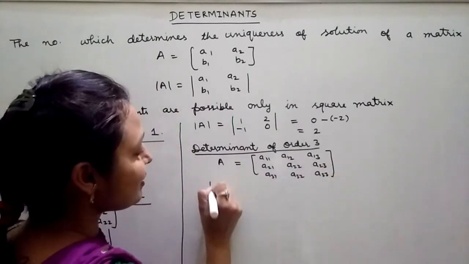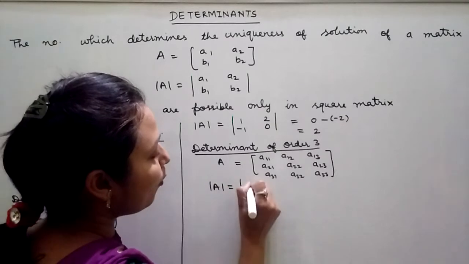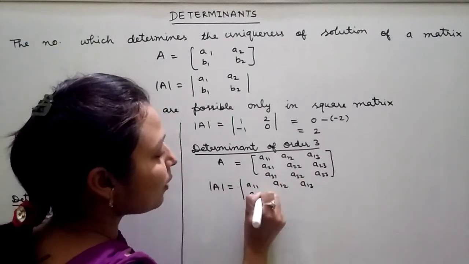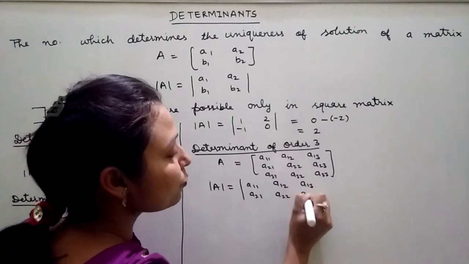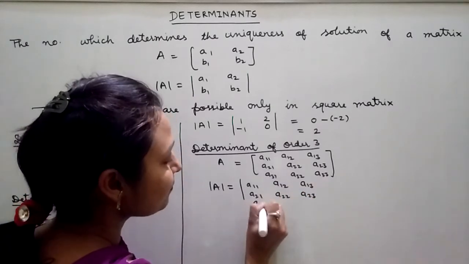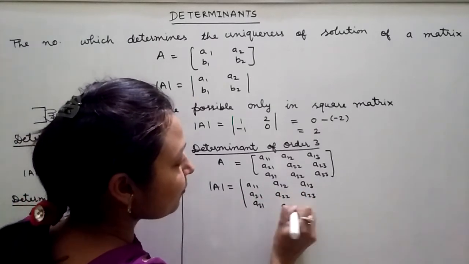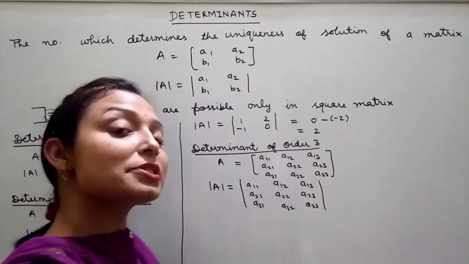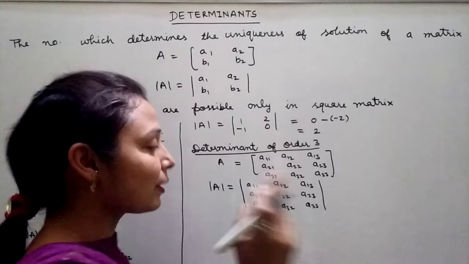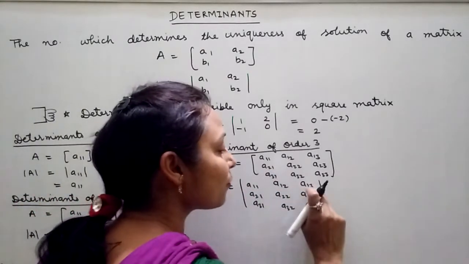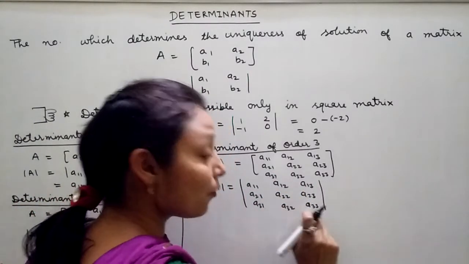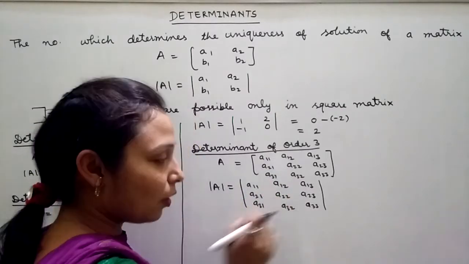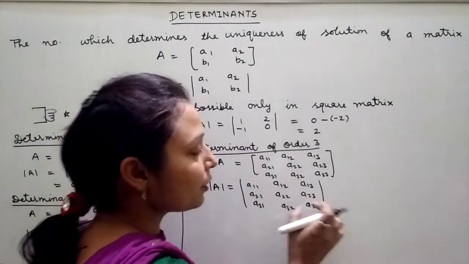When we change it into the determinant, it will equal A11, A12, A13, A21, A22, A23, A31, A32, A33. How to expand? There is one procedure to expand. Either you can expand through the first row, second row, third row, or you can expand through either the first column, second column or third column.